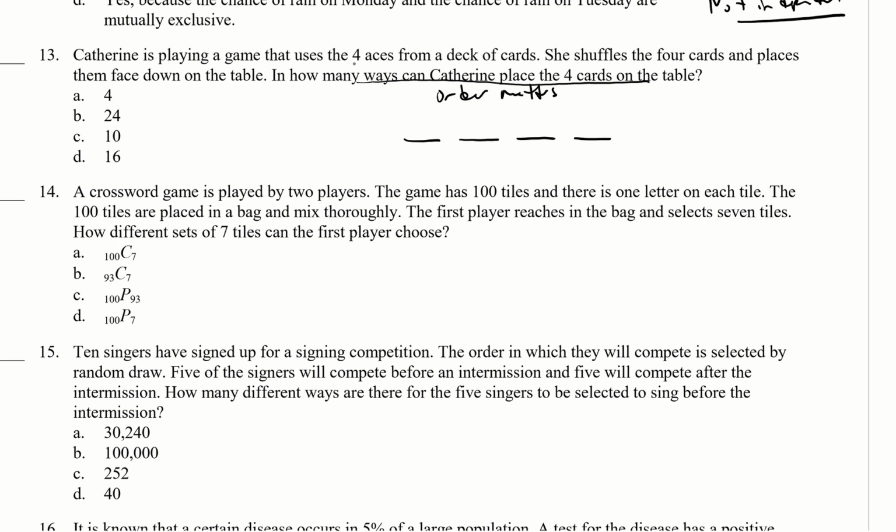So here we have 4 choices for our ace. Then after we choose one of those aces, then we have 3 left, then 2, then 1. In other words, this is just a permutation of 4 permute 4, which is just 4 times 3 times 2 times 1. So that's going to be 24 ways. So it's a permutation, or you can use fundamental counting principle.